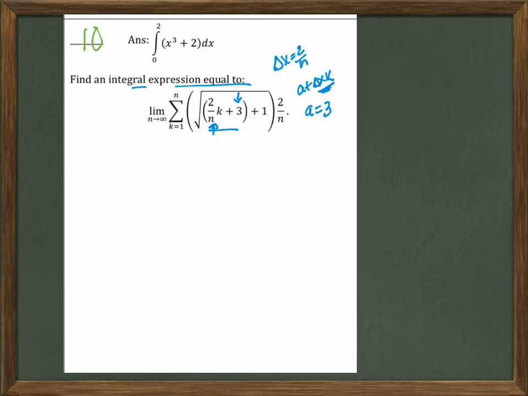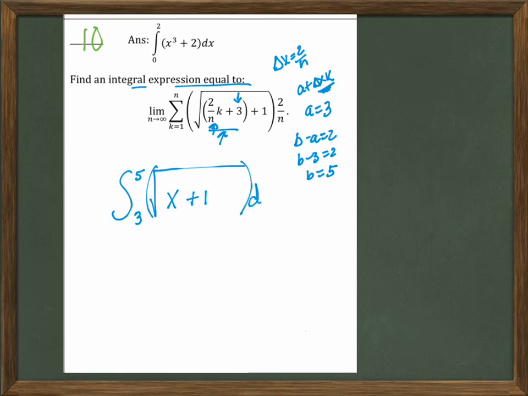So that means if b minus a has to be 2, so b minus 3 has to be 2, so b is equal to 5. So our integral goes from a, which is 3, to 5. Okay, and the function is a square root, and this is just your x term plus 1 dx. All right, let's do another one.